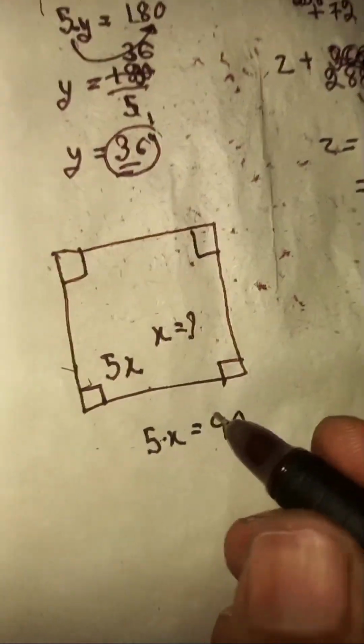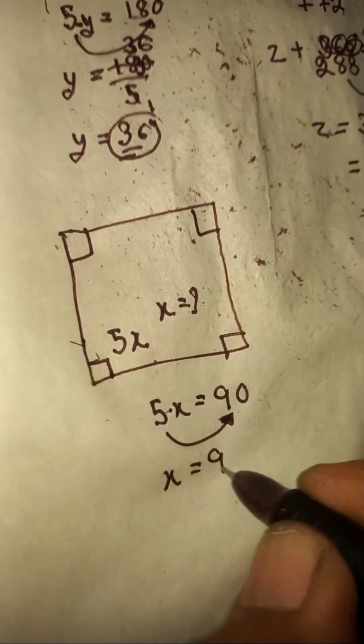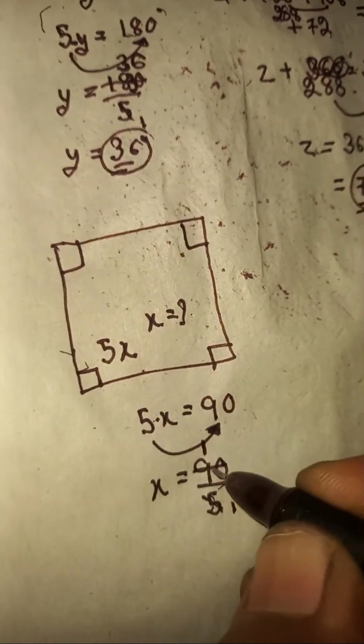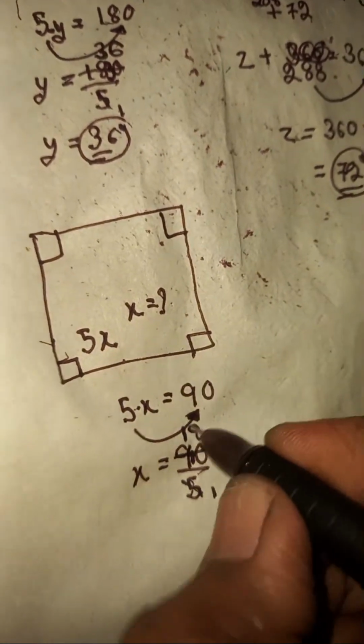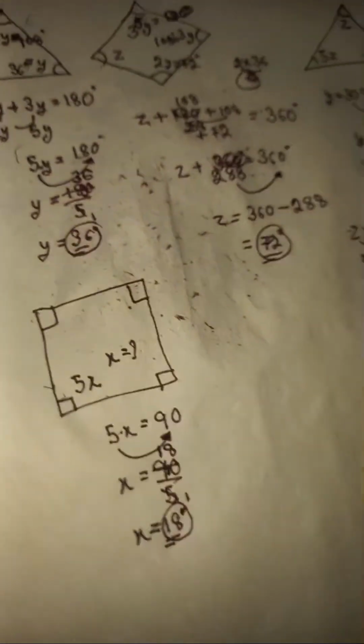This 5x can be written as 5 times x. When 5 moves this side it comes below, 90 by 5. You can divide. 5 1 times is 5. 9 minus 5, 4 remains, it is 40. 5 8 times is 40. x equal to 18 degrees.